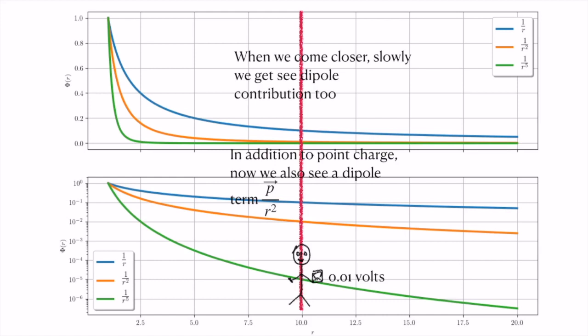Now the dipole is essentially a vector which we have already seen, and that term falls as r square, and the quadrupole term will not be visible at this stage. In the dipole, the total charge looks like one plus and one minus charge put at a distance d from each other, and then one can calculate the dipole moment, and 1 by r square of that is what we essentially see.